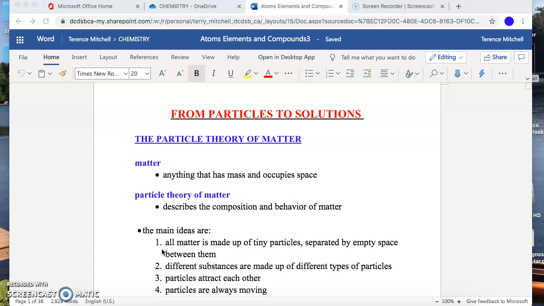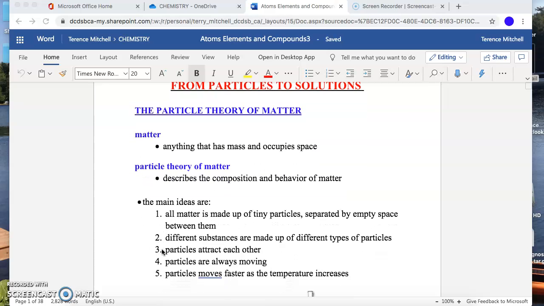Particles attract each other. They do have a gravity, very, very small, but they do attract each other. Particles are constantly moving. They zigzag, they vibrate, and the more that you warm them up, the faster they move. If you cool them down, they slow down.